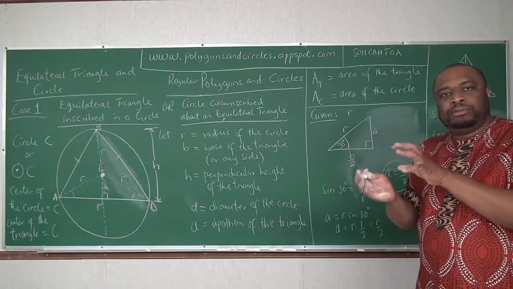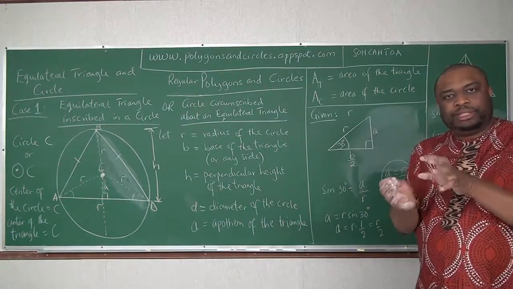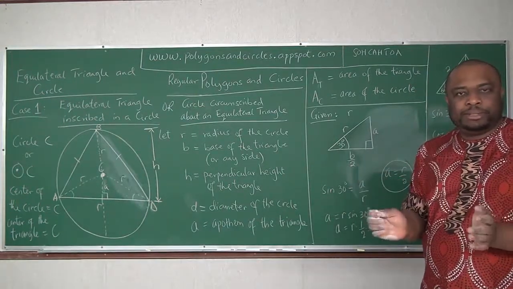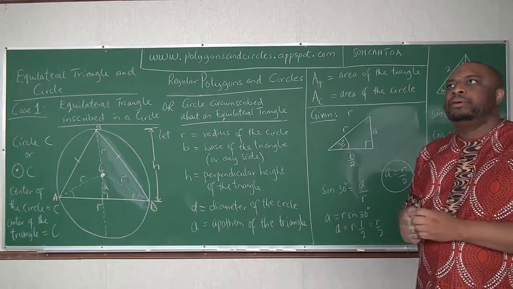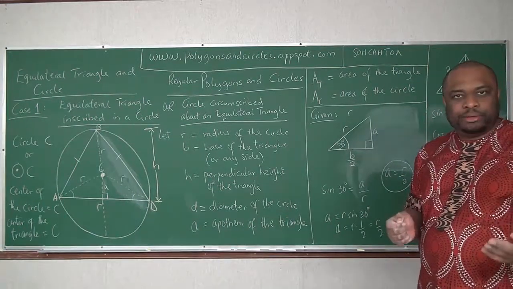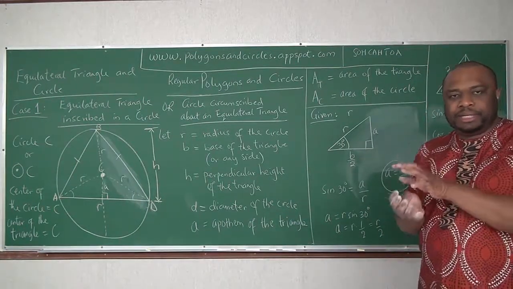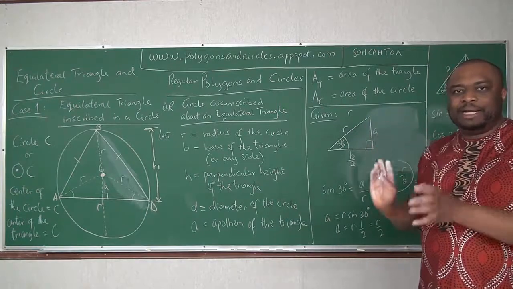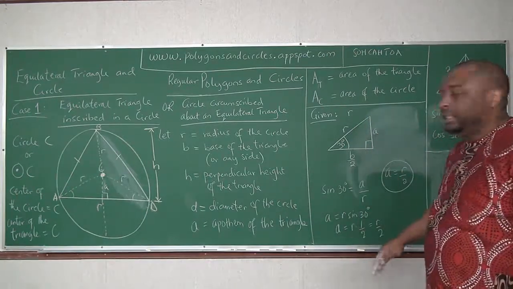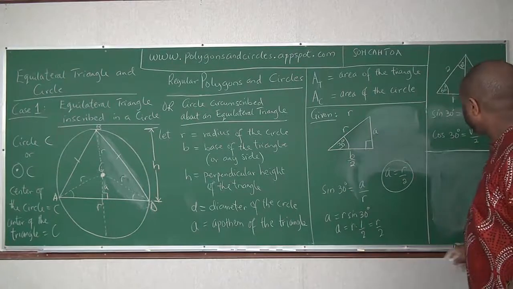And also you know the unit circle, the trig ratios of the special angles. I did it on the unit circle. I also did that on triangles. So please, it's important that you have that idea so that this will not be new to you.